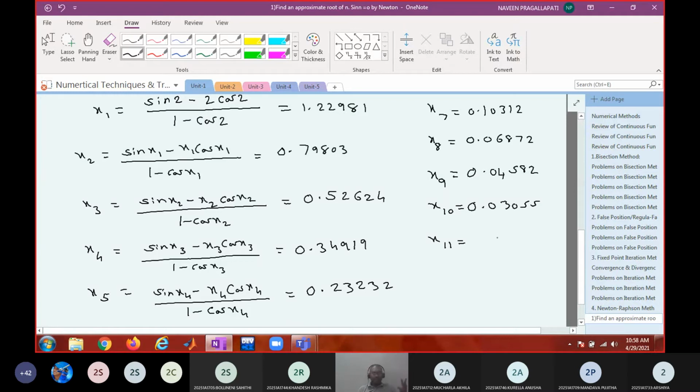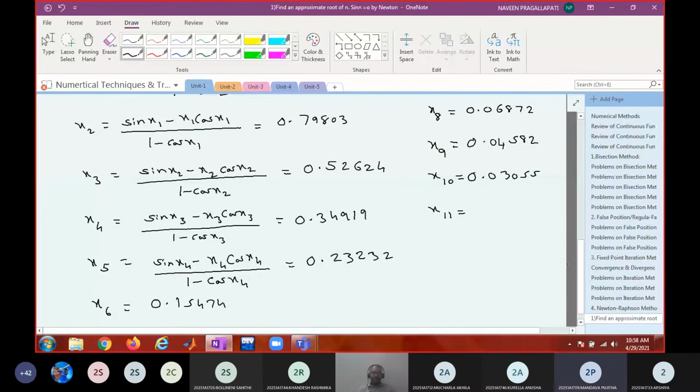I think 3 more iterations, at least 3 iterations. Sir, x11 is 0.0207. Yes, that is what was expected. One more digit. 0.02037.